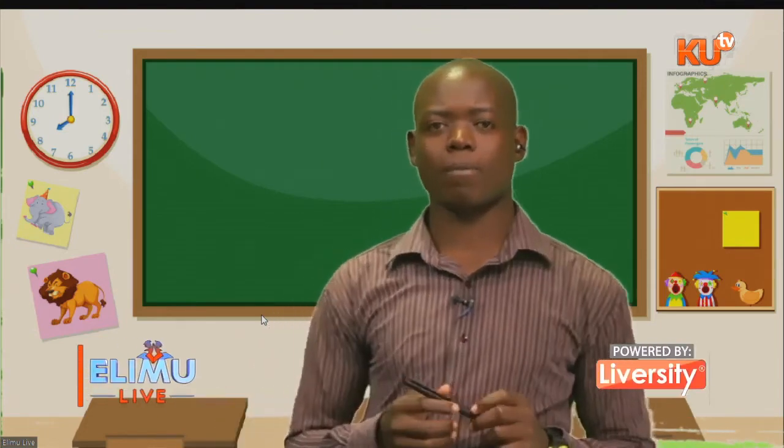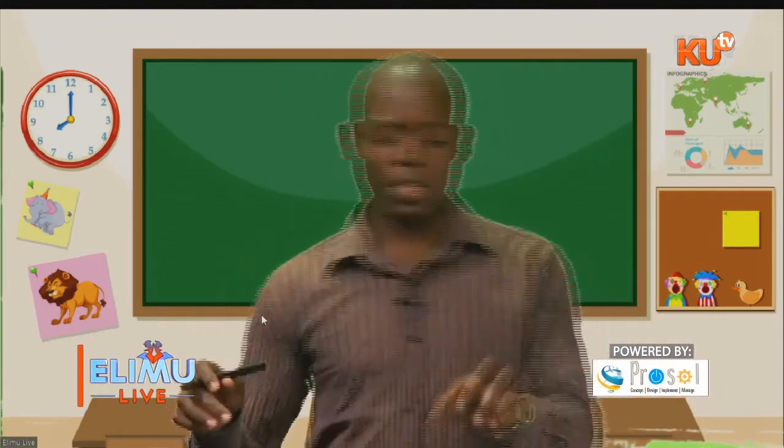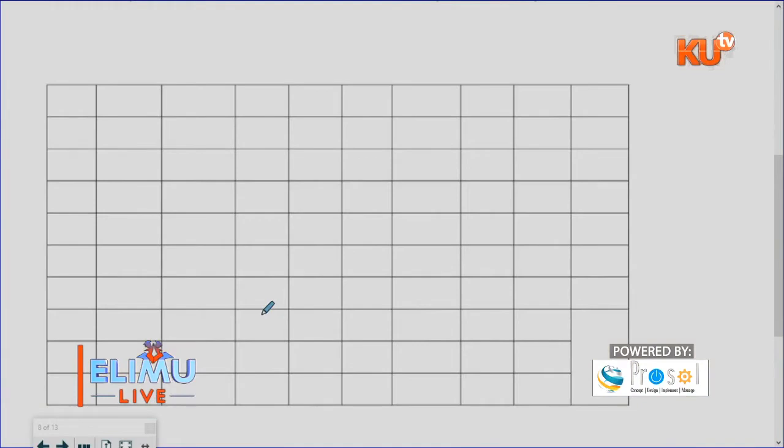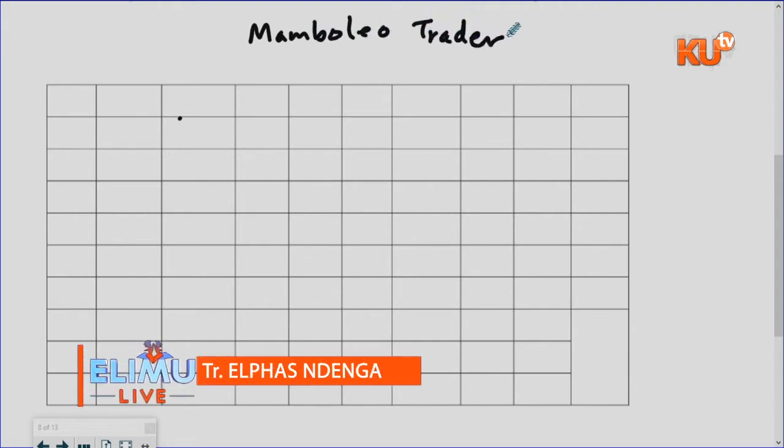Hope you are drawing. Good. Fine. So let's now analyze the question and see what we are saying. So we have Mamboleo Traders, then two-column cash book. This is on the CR side, and this is the DR side.